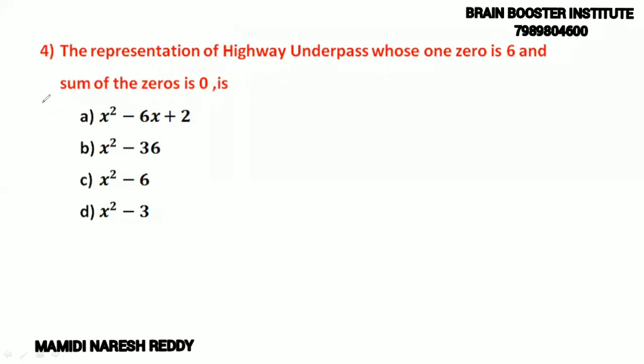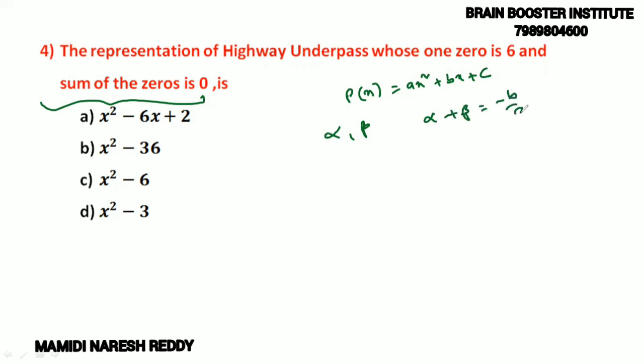So same here, we need to take, my students, the relation among zeros and coefficients of a quadratic polynomial. Let us assume that p of x is equal to ax square plus bx plus c. This is the general form of a quadratic polynomial, and its zeros are alpha comma beta. Now we know alpha plus beta is equal to minus b by a.